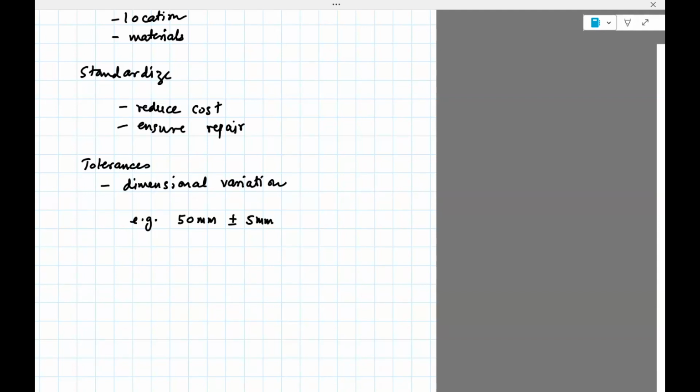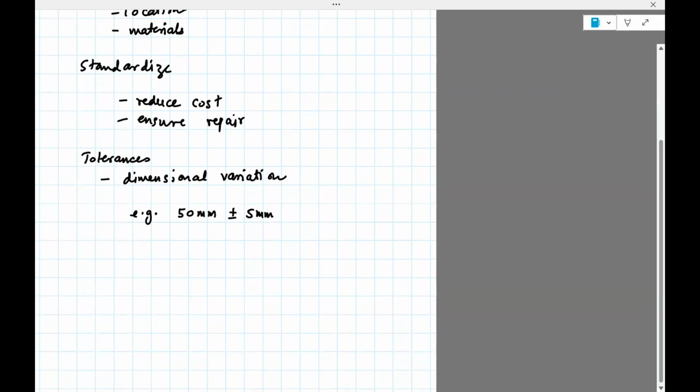It's just impossible to make a part which is exactly 50 millimeters. You will see that some shafts would be maybe 55, some would be 49.5, but that plus or minus 5 tells you the maximum variation you can expect from a shaft made by, let's say, a particular machining process or some specific company.